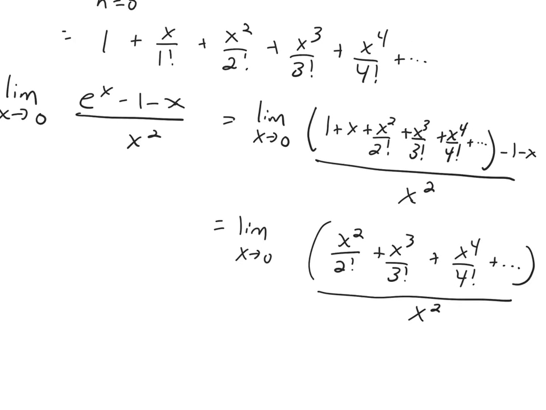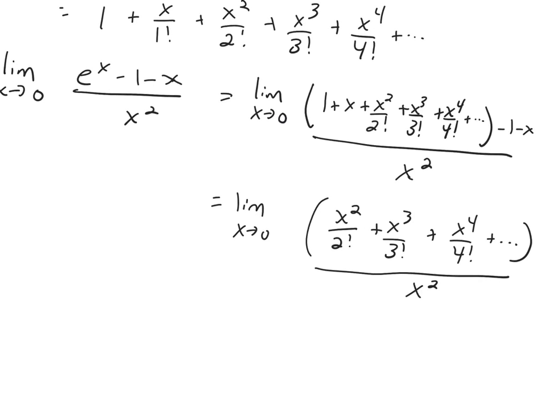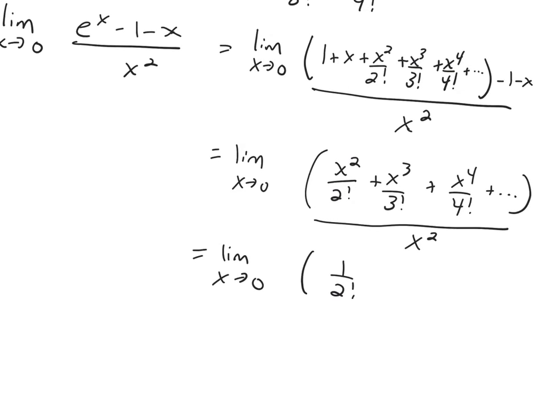Okay. And now this x squared will divide into each one of these very nicely. It's just going to reduce my powers down by 2 for each one of these terms. So now I'm looking at the limit as x goes to 0, 1 over 2 factorial plus x over 3 factorial plus x squared over 4 factorial.